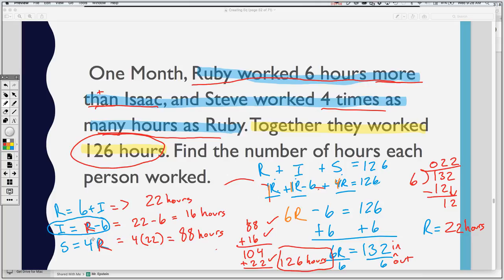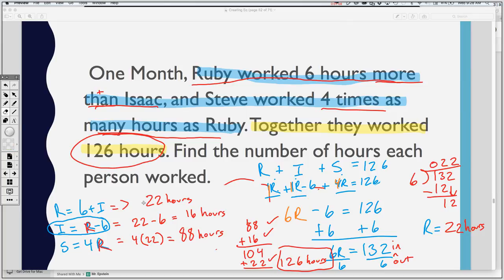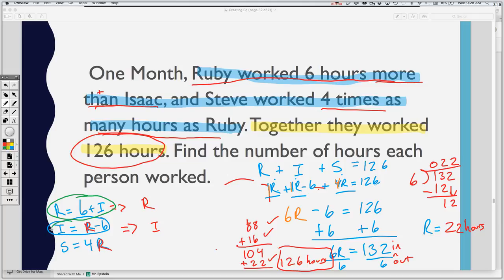So basically we had, if you look at it like this, we could also say that it was R, and we could say this is I. The problem is that we had R and I on these sides.